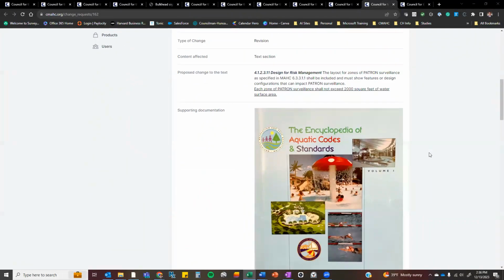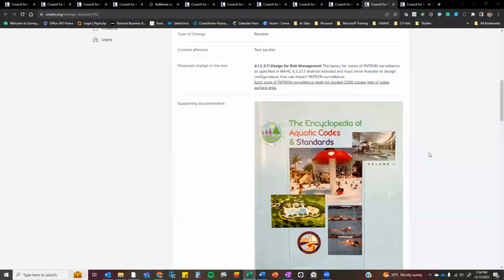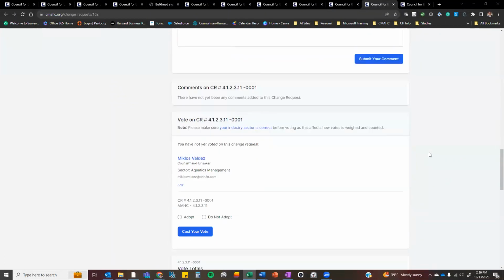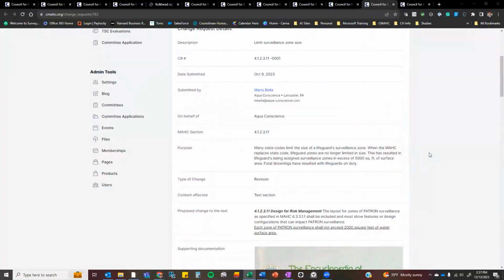They feel as though the adoption of the MAC, sort of replacing state code, no longer limits the size of the zones by a square footage requirement, which has resulted in lifeguards being assigned zones that are too large for them to be able to do what they need to do. And fatal drownings have resulted while lifeguards are on duty as a result. The suggested change is to add language that says each zone of patron surveillance shall not exceed 2,000 square feet of water surface area.